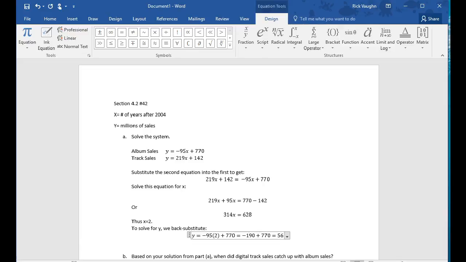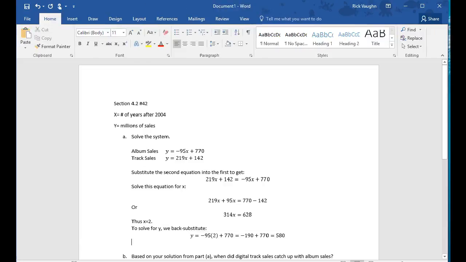We'll just double check it. It's 580. Okay, so x is equal to 2 and y is equal to 580. So my solution as an ordered pair is 2 for x and 580 for y. Or x equals 2, y equals 580.